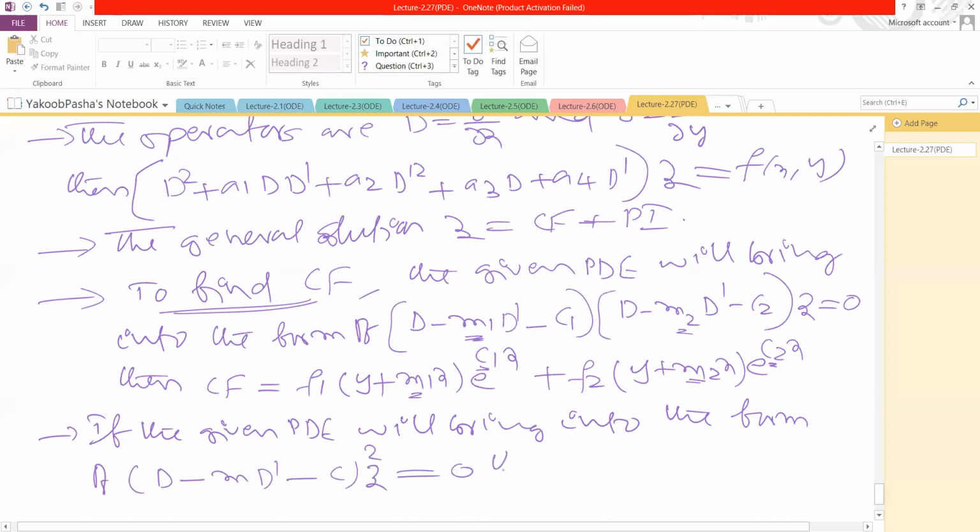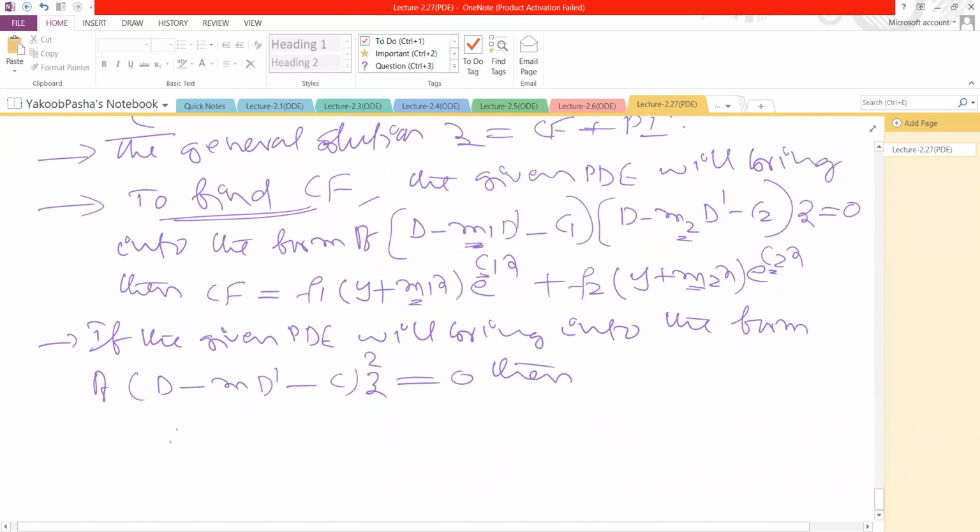In this case, we can write the complementary function as CF is equal to f1 of y plus mx into e to the power of cx plus x into f2 of y plus mx into e to the power of cx. Okay, ఈ విధంగా మనం కాంప్లిమెంటరీ ఫంక్షన్ రిపీటెడ్ గా ఉన్నప్పుడు ఫ్యాక్టర్స్.